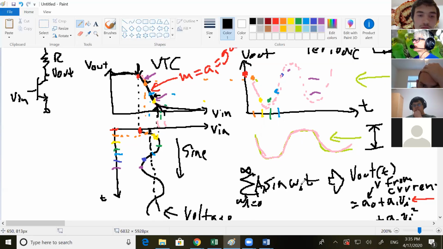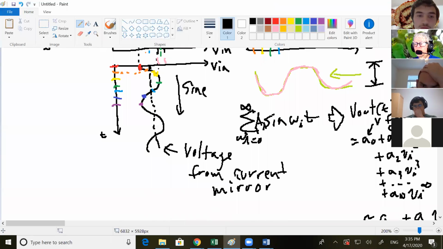When you do that, you come up with an equation like this. You have some DC value plus some coefficient times your Vn plus a second coefficient times your Vn squared plus a third coefficient times your Vn cubed, dot dot dot, all the way down to some coefficient infinity times your input voltage to the infinite power.